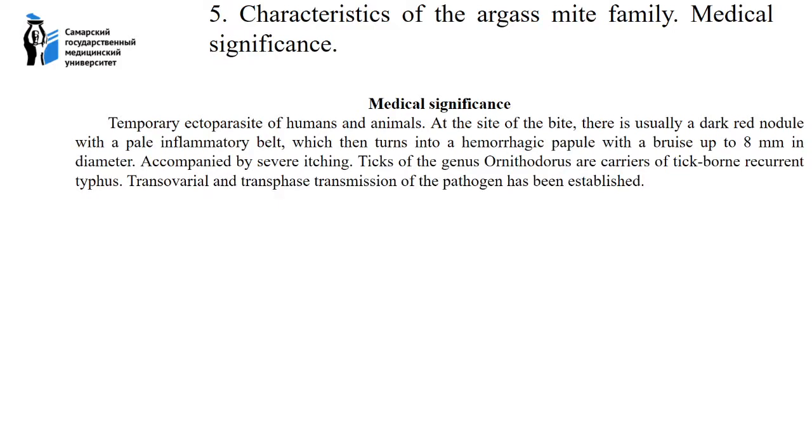At the site of the bite, there is usually a dark red nodule with a pale inflammatory belt, which then turns into a hemorrhagic papule with a bruise up to 8 millimeters in diameter, accompanied by severe itching.